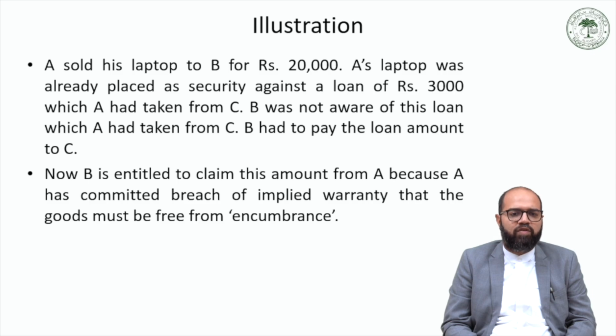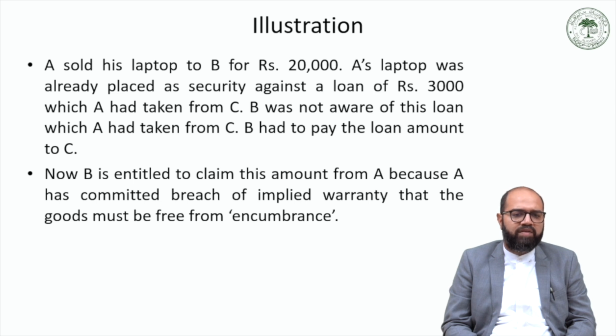A's laptop was already placed as a security against a loan of rupees 3,000 which A had taken from C, who is a third party. Now B as a buyer was not aware of this loan which A had taken from C. So therefore, when confronted by the third party, B had to pay the loan amount to C.